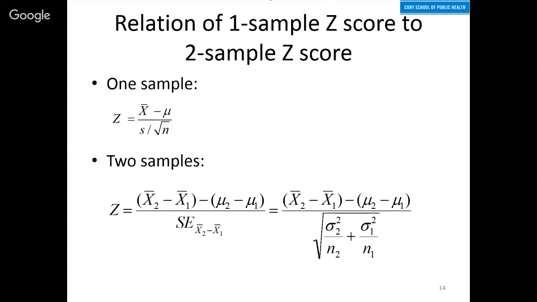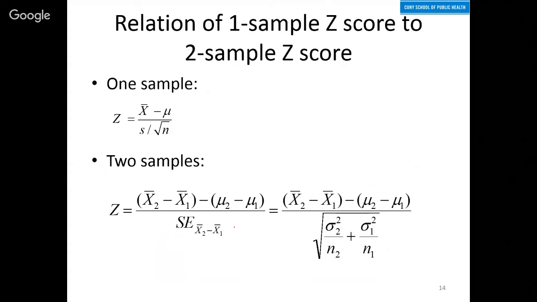Well, it's still fairly similar. It's not quite as straightforward as in the paired case. In this case, we calculate the difference in the two means minus the hypothesized difference, which will be 0 in most cases, and in this case.